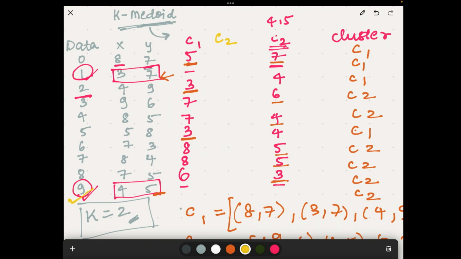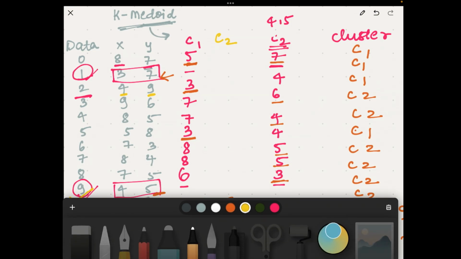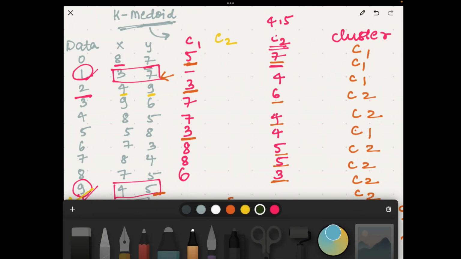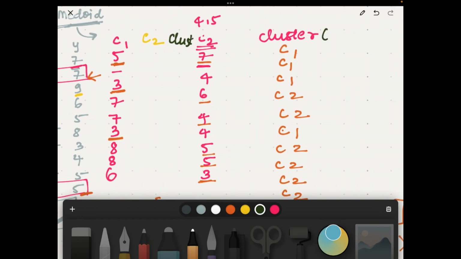The value for the ninth data point will be calculated now, and you won't be calculating the value for your 4,9 because you have selected it as your K-medoid value. I'm just making changes in this table. You all have to make a different table, remember this, okay? And I'll have the cluster part made over here. So this would be the cluster for your 4,5, and here the cluster for 4,7.